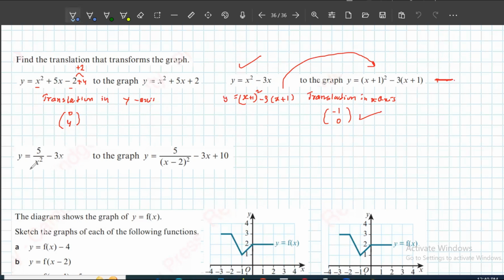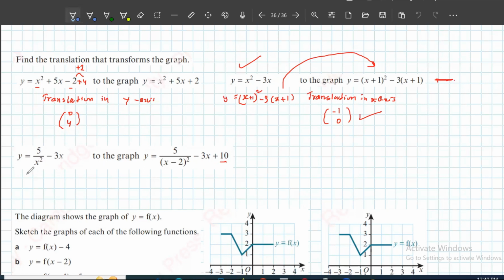If we check the next one, y is equal to 5 over x squared minus 3x. They translated it already, and we are looking for what translation vector is there. So to the graph y is equal to 5 over x minus 2, it means they have a translation along the x-axis, and minus 3x plus 10 means this is a translation along the y-axis as well.